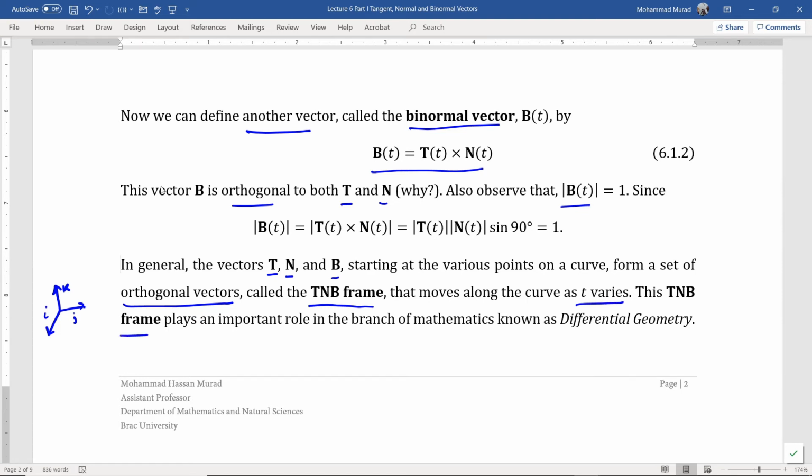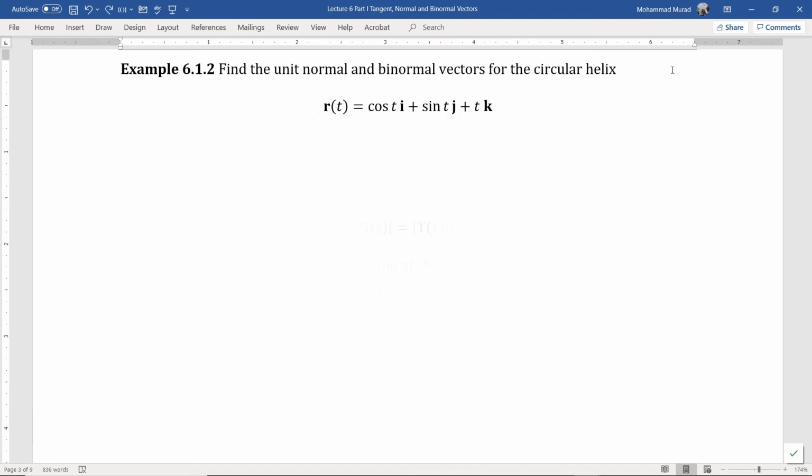This TNB frame plays an important role in the branch of mathematics known as differential geometry. Let's see another example.